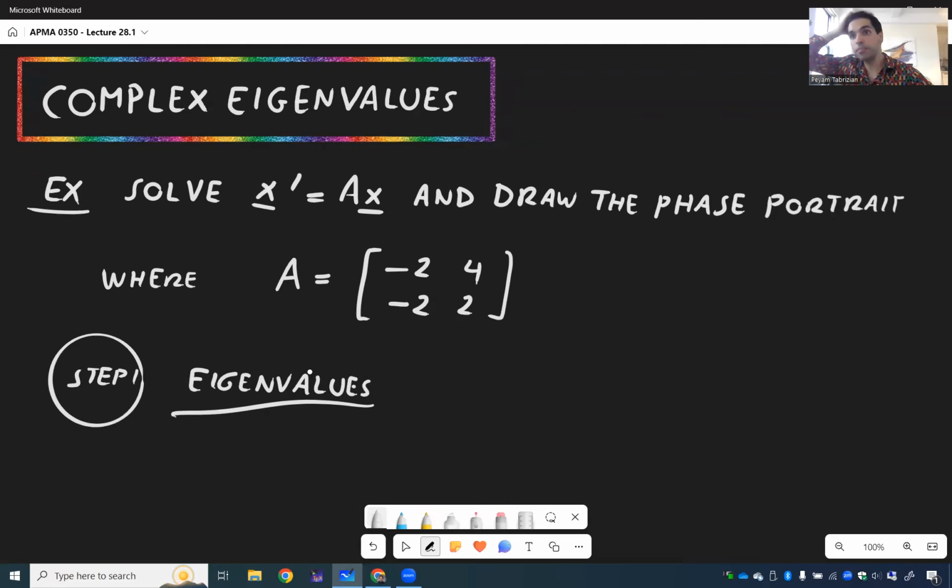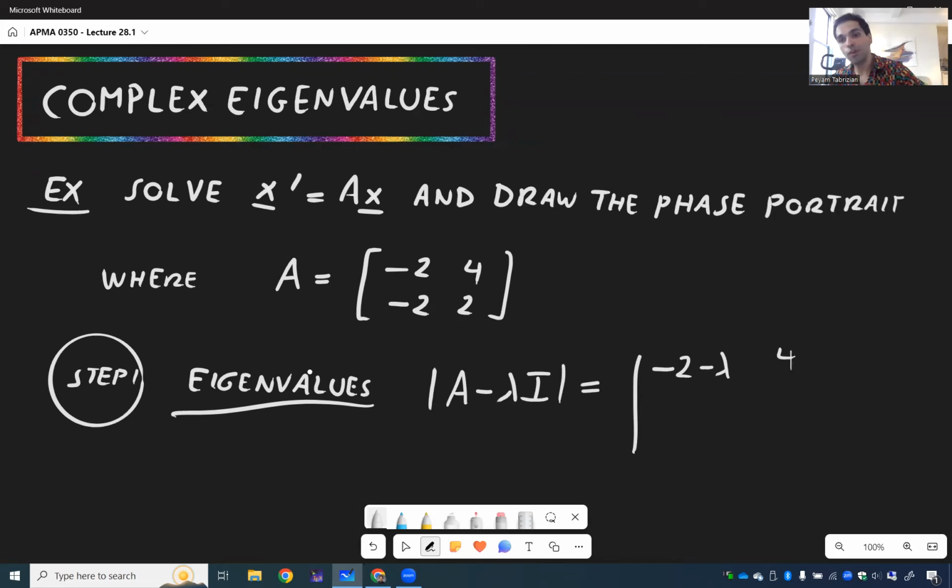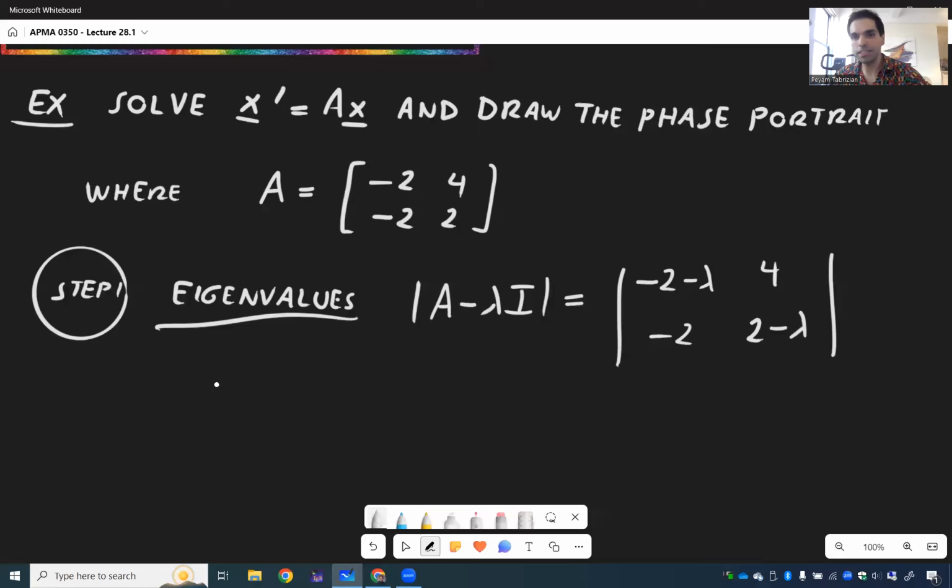Let's calculate them. So the determinant of A minus lambda I: [-2 minus lambda, 4; -2, 2 minus lambda]. And again, be super careful of your algebra here, because the eigenvalues determine everything.